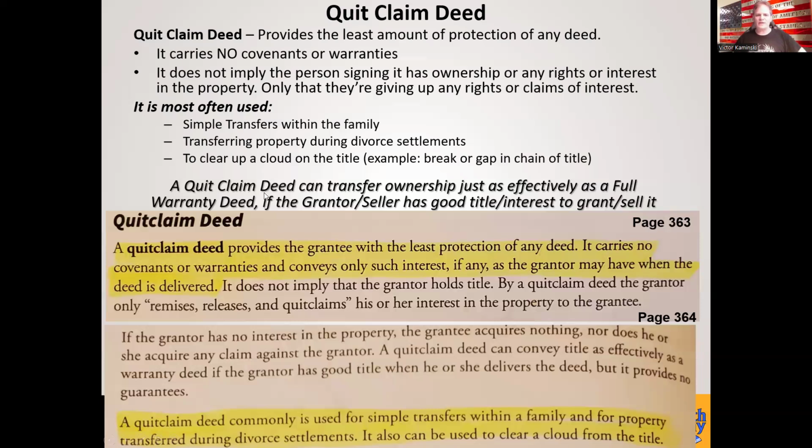So a quitclaim deed can transfer ownership just as effectively as a full warranty deed can, if the grantor has the good title when they sell it. Now, it's often used with simple transfers within a family, transferring property during divorce settlements, or it can be used to clear up clouds on a title, like a break or gap in the chain of title.